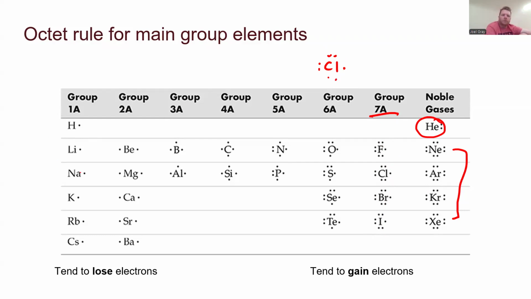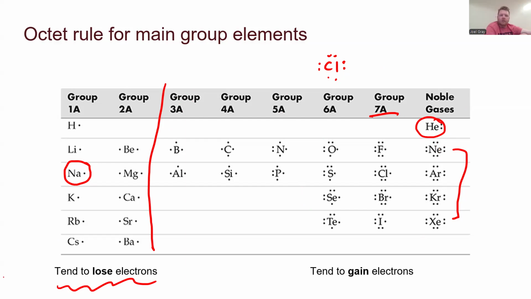Na has 1 valence electron. The note at the bottom is that species in groups 1 and 2, and sometimes 3, tend to lose electrons. Now, if sodium lost an electron and it went to chlorine, then chlorine has 8 valence electrons, and sodium effectively has the same electron configuration as neon.